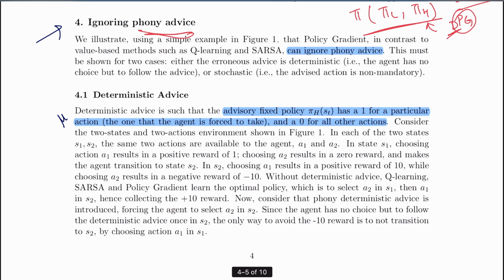In this paper, this advice was more of an instruction that if it has been given, you must follow it. And so an incorrect advice can really hurt the agent, and policy gradient methods will go out of their way and not follow an instruction. So I'm not sure whether that's a good idea, because if it's an instruction, then maybe the human knows more than the environment reward designer, and the agent should in fact follow the human's advice.